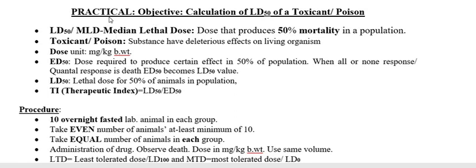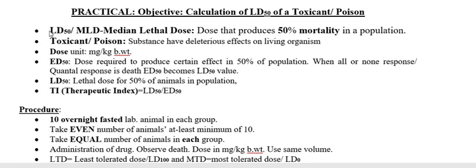Before going through this calculation, first we have to know about the terminology, such as toxicant or poison. Toxicant or poison means those substances that have a deleterious effect on living organisms. If you go through the term LD50 or median lethal dose, the word itself explains the definition.